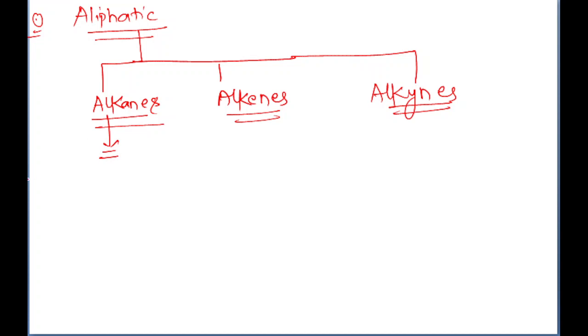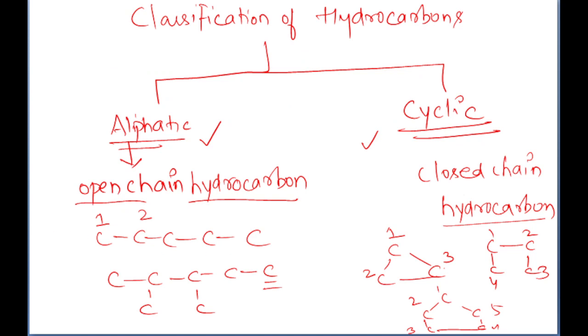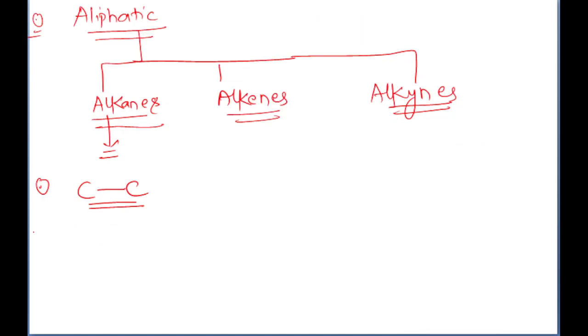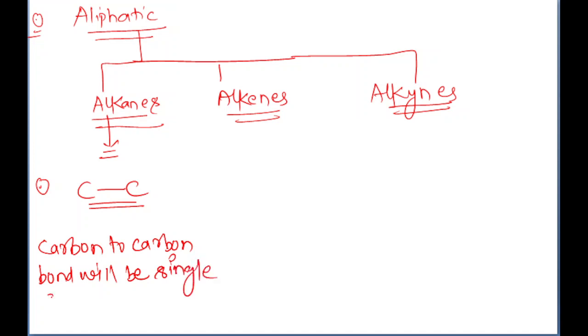The thing that you need to keep in your mind while doing the alkanes is the carbon-carbon bond. I told you in this slide also, there are many carbon-carbon compounds. In alkanes, the carbon-to-carbon bond will be a single covalent bond. Every bond is a single covalent bond.